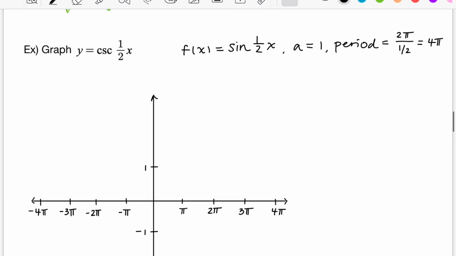Alright, so again what we do here, we have a period interval. This is our first period here. We'll break this up into 4 equal parts, and then we'll do the same thing for our second interval here on the negative x-axis. Now what we want to do is evaluate our sine function at these points. So plugging in 0 into our function here, we'll get sine of 0, which is equal to 0.